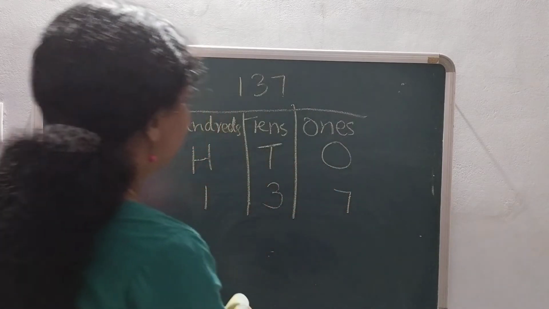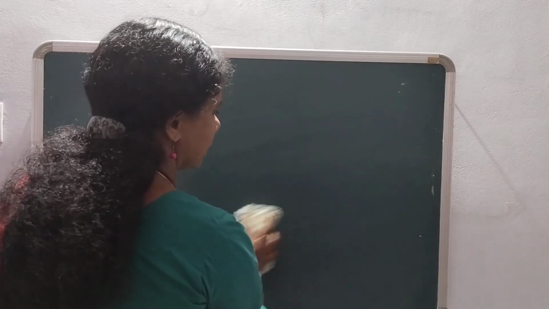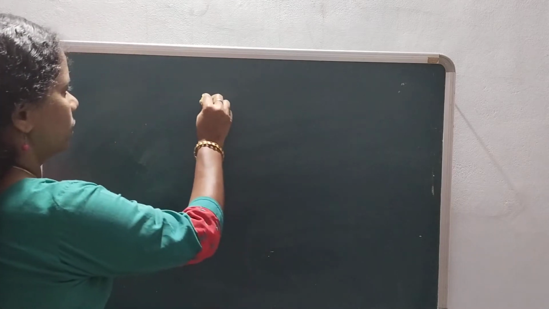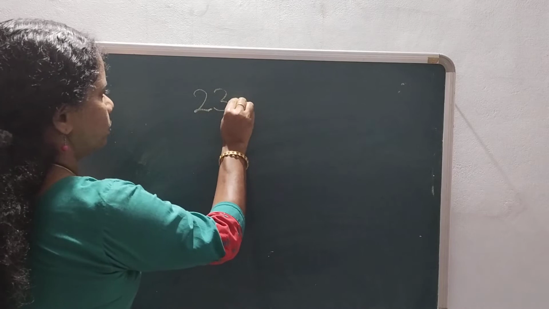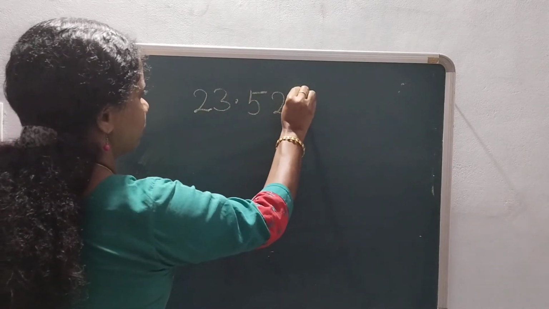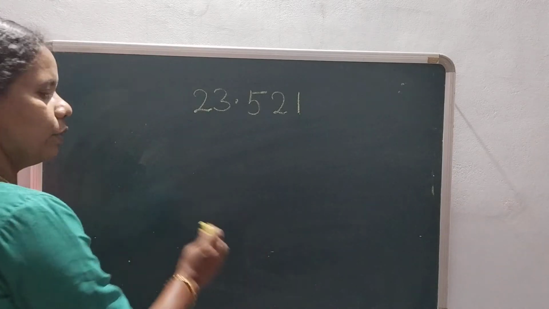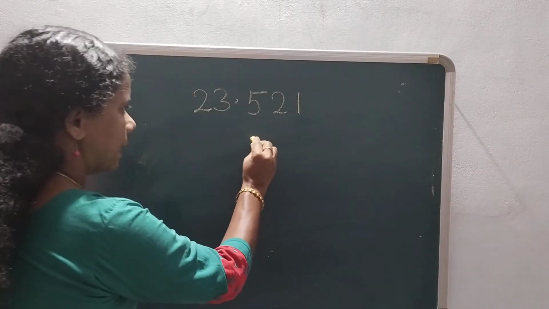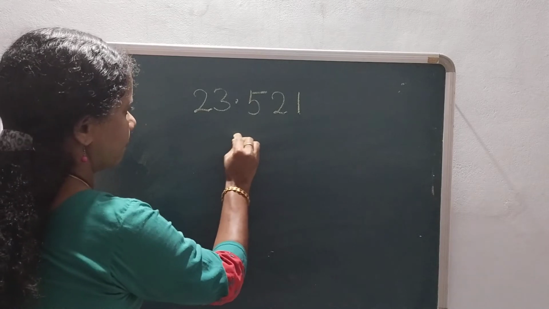Now, if we are given the whole numbers and the decimals together, let's see how we will represent it. Suppose it is 23.521. Okay, for the whole numbers place value chart, you know. So let's think about the decimal part.